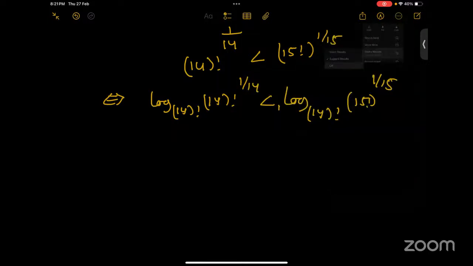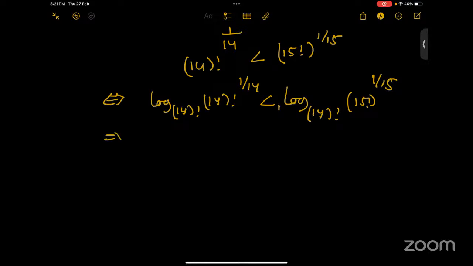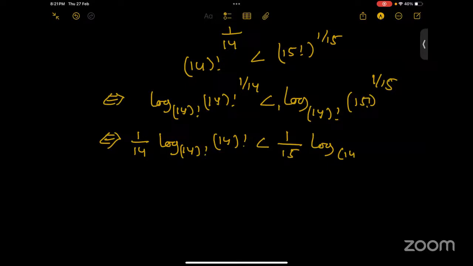Ma'am, so you're just taking log 14 factorial on both sides. Yeah, I'm just taking log 14 factorial on both sides. Then in the next line, I will get 1 over 14 log 14 factorial less than 1 over 15 log 14 factorial 15 factorial.